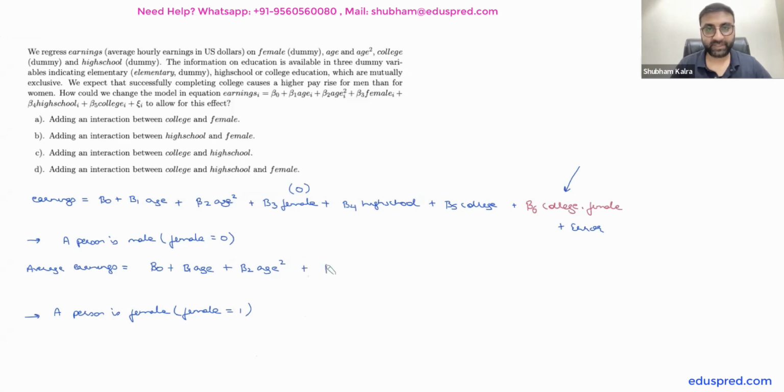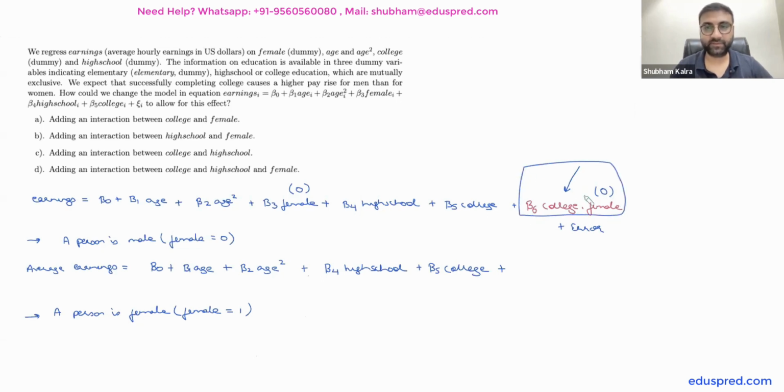And I'll have over here plus beta 4 high school plus beta 5 college plus, now over here, female will take the value 0. So this will become beta 6 college multiplied by 0, and college multiplied by 0 will become 0, and then beta 6 multiplied by 0 will become 0. In short, over here, you have a multiplication by 0.